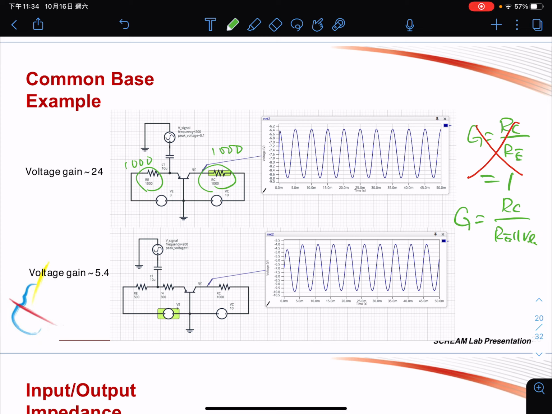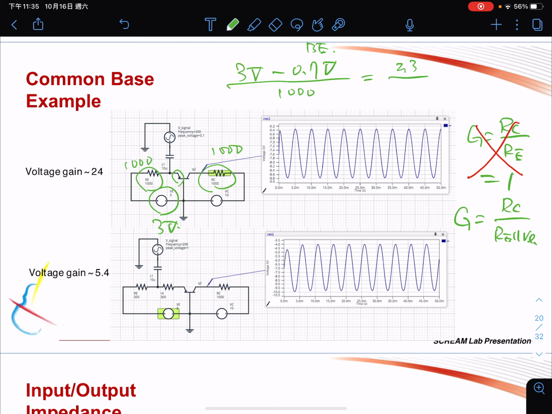And since you can calculate that this one, for example, is 3 volts, we have 3 volts here. Since we have 3 volts here and minus 0.7 volt, which is the BE junction threshold voltage, and divide by 1000, this one will become 2.3, which will be around 2.3 milliamp.